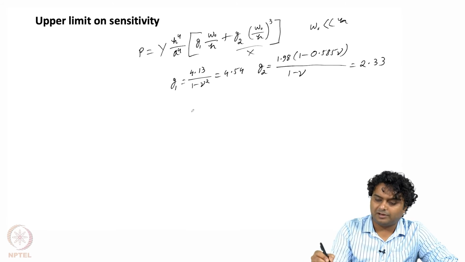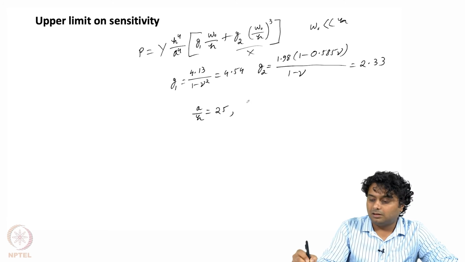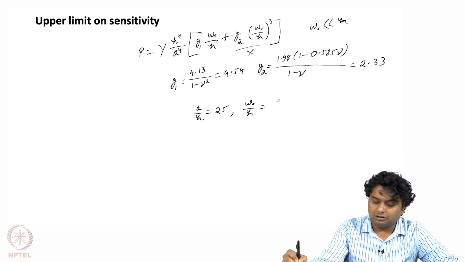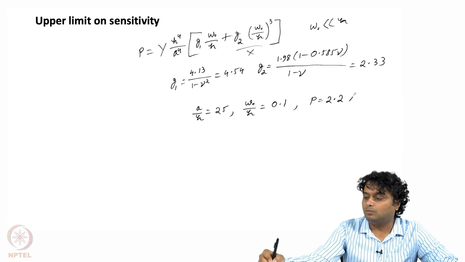And if you put some particular values, like A by H equal to 25 and W0 by H equal to 0.1, then we get pressure equal to 2.2 bar.